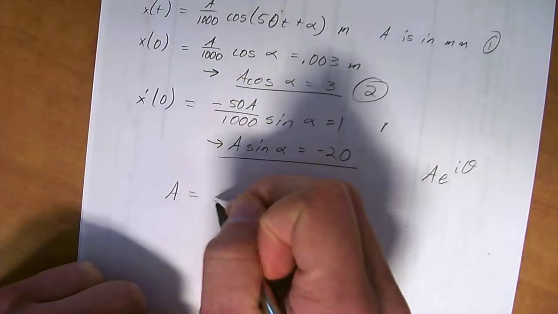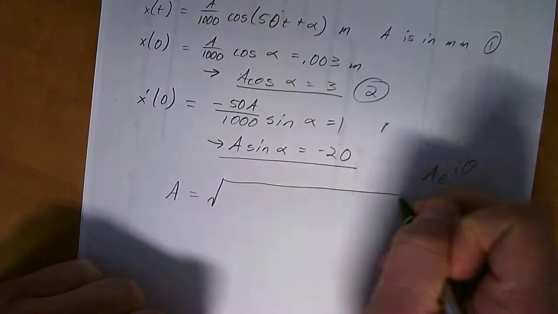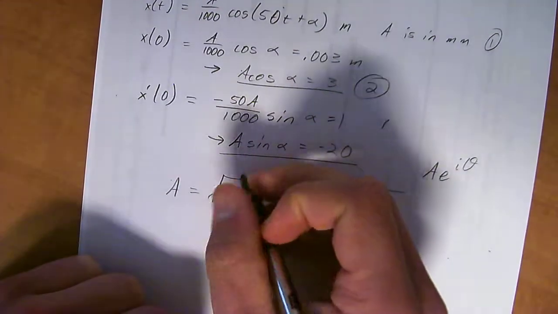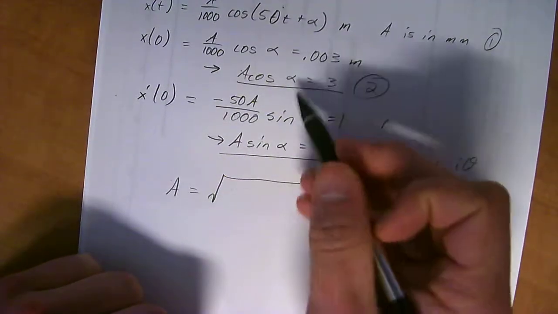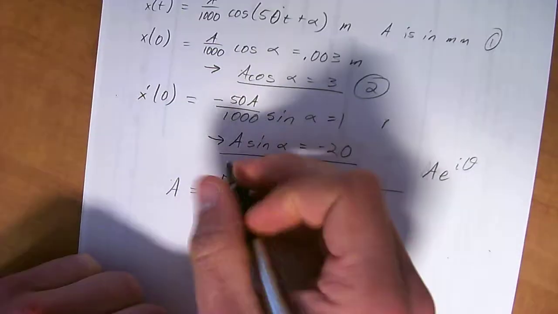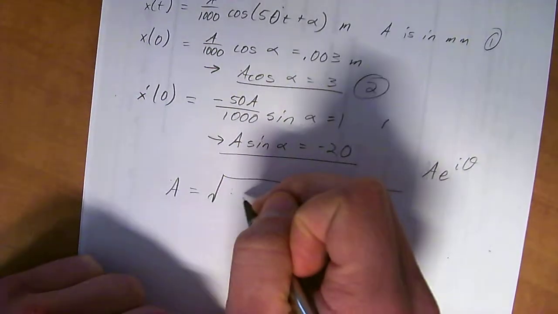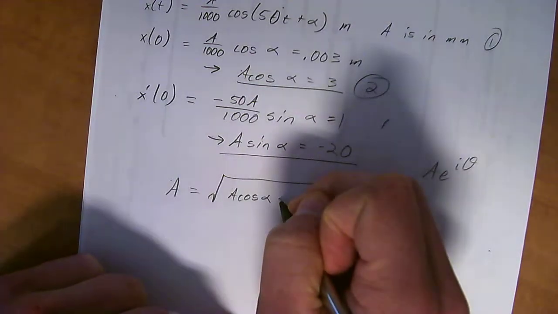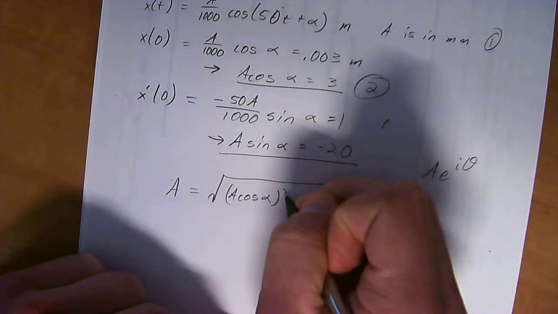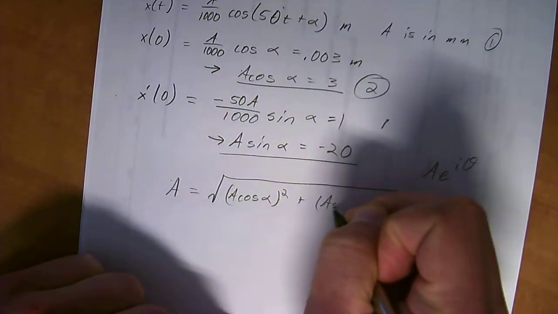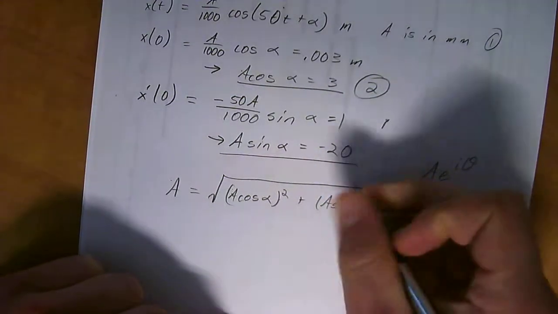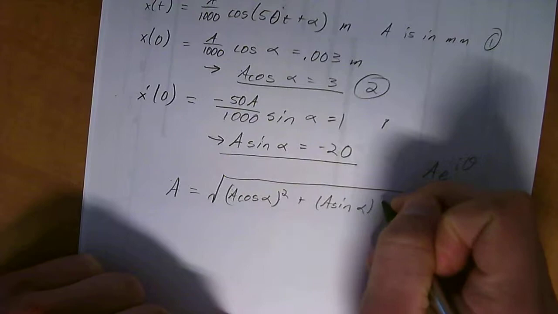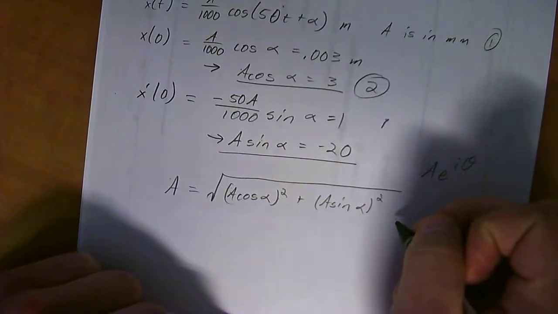A is equal to the square root of a squared plus b squared, and a and b are these two equations right here. Okay, so then we've got A cosine alpha squared plus A sine alpha squared, all under the square root.